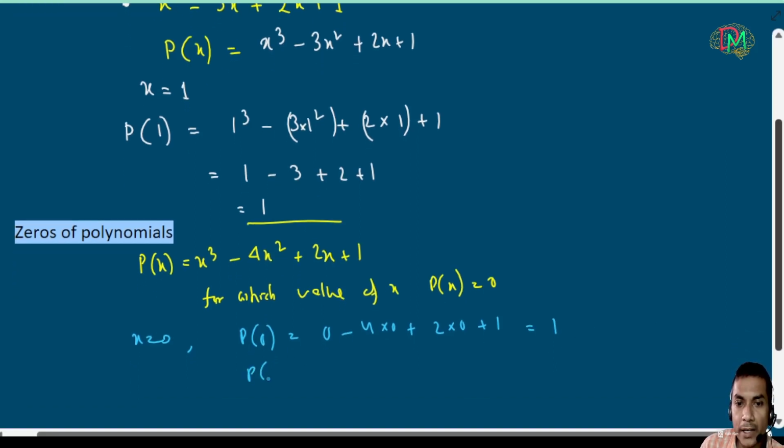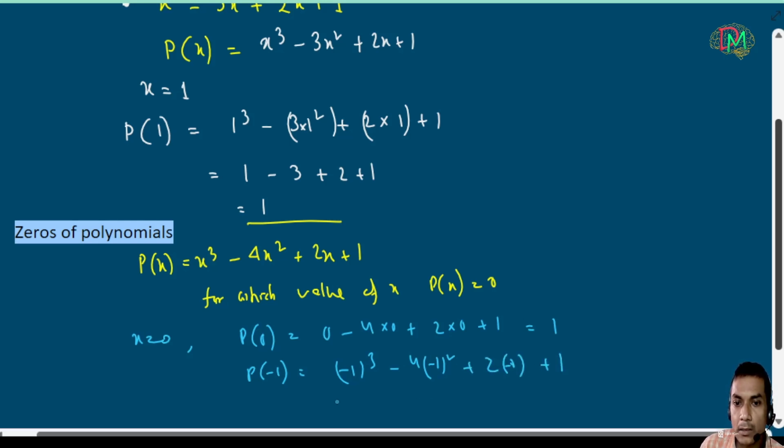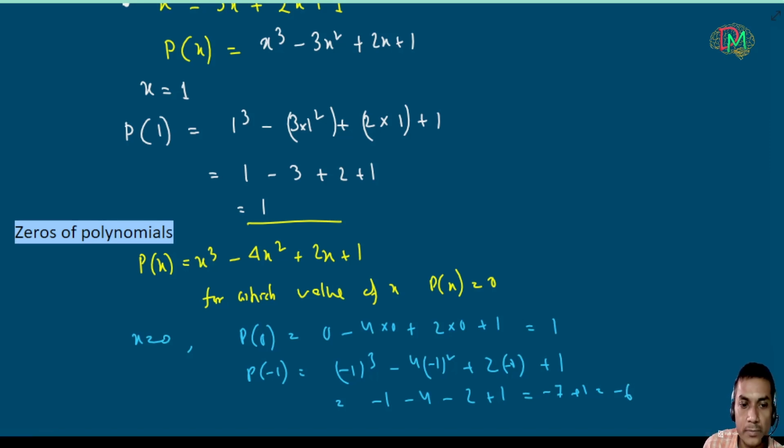If we put minus 1, it will be minus 1 cube minus 4 into minus 1 square plus 2 into minus 1 plus 1, which is minus 1 minus 4 minus 2 plus 1, equal to minus 6. Again it is not 0.